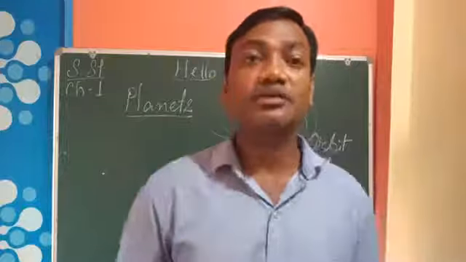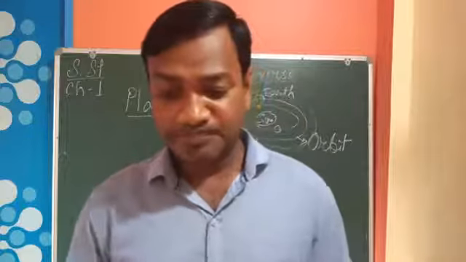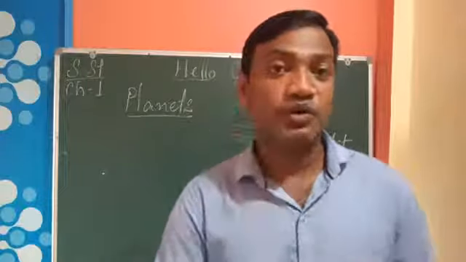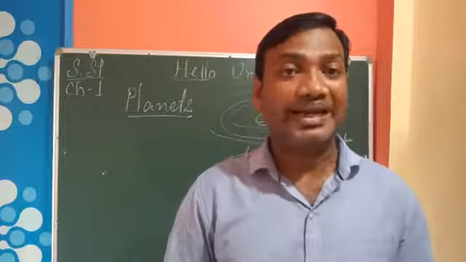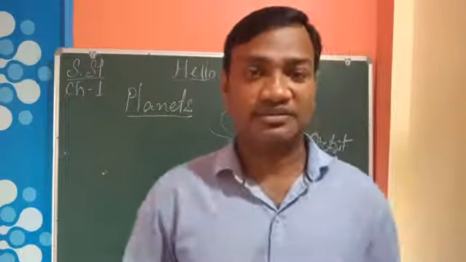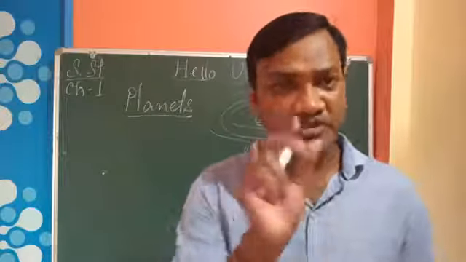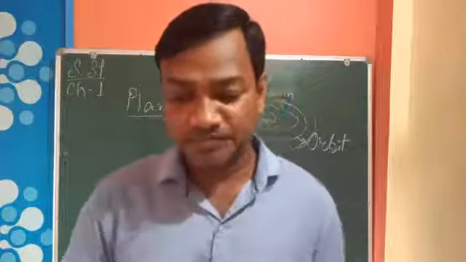So that is why they are called lesser planets. Mercury is the smallest. So out of these 4, Mercury is the smallest planet. You can see the picture of Mercury, it is very small. So it is the smallest planet.